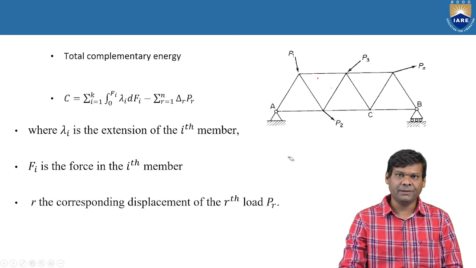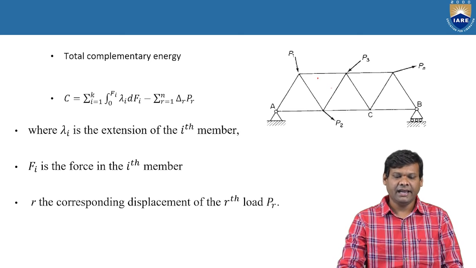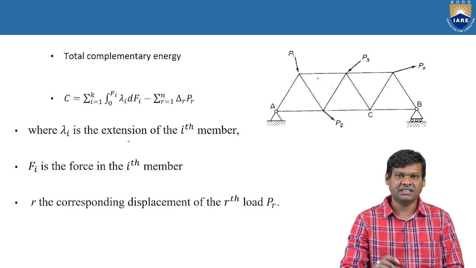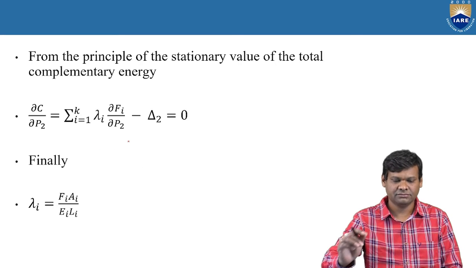This is the statement of our problem. Now we have the complementary energy, and we have identified the number of elements in a truss, and we have the extension of the member. Let us proceed.